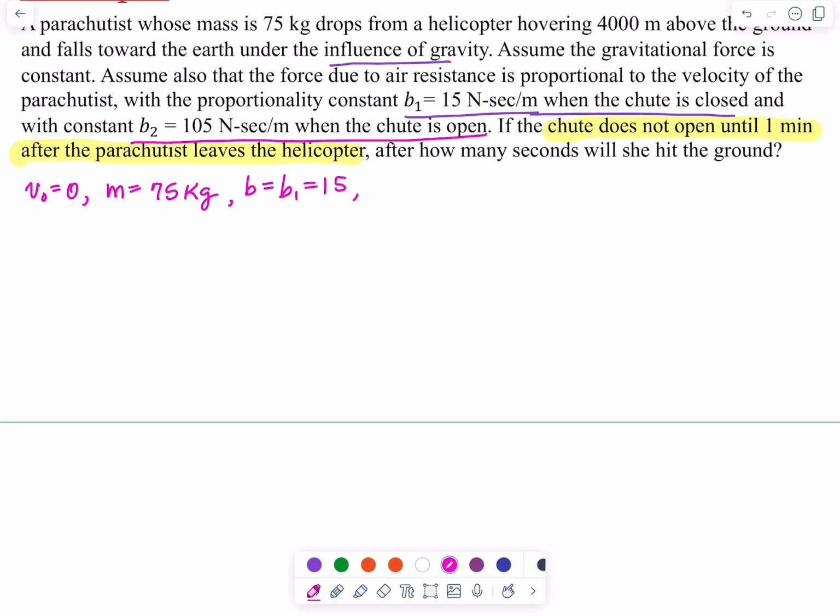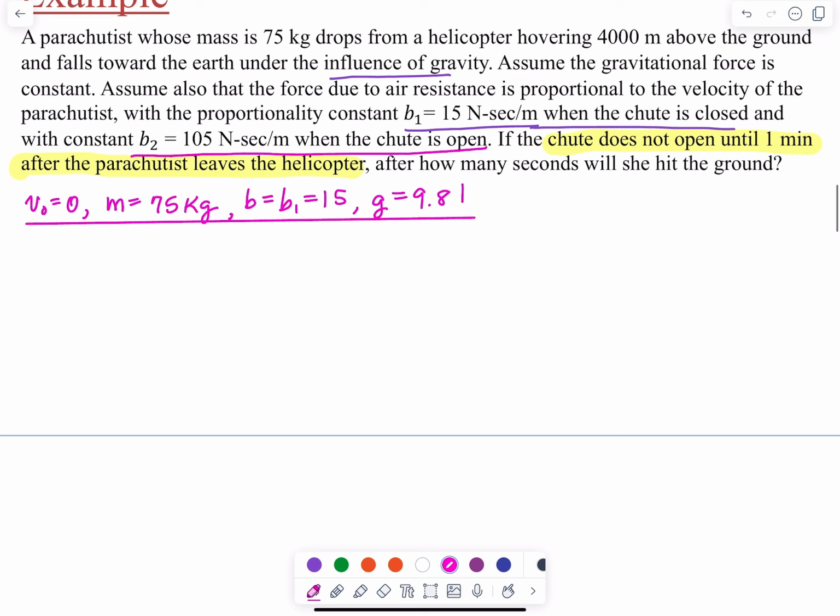And then, of course, we're going to be using gravity, 9.81. So we are just going to be working with the vertical distance because we just want to know when she hits the ground. We are not concerned with where she hits the ground.